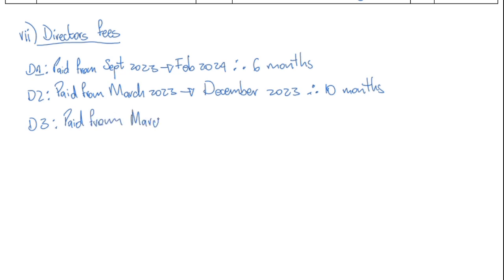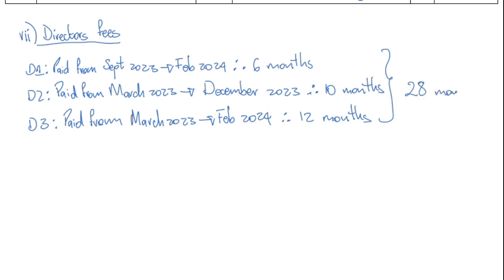And then we have Director 3. Nothing is said about him in the scenario, so we can assume that they've been paid for the full 12 months. When we add these months together, we have 6 months plus 10 months plus 12 months, which gives us 28 months.